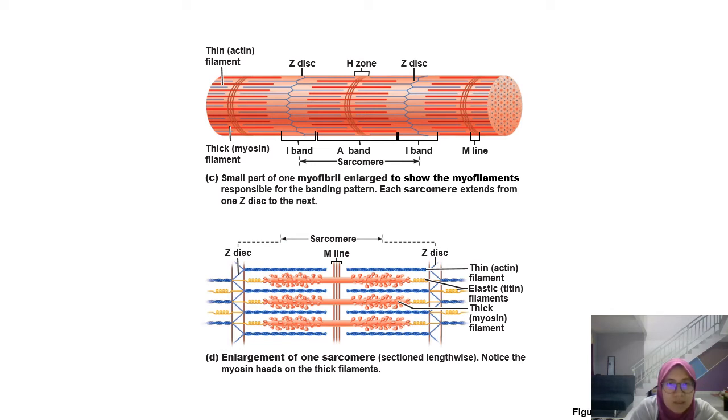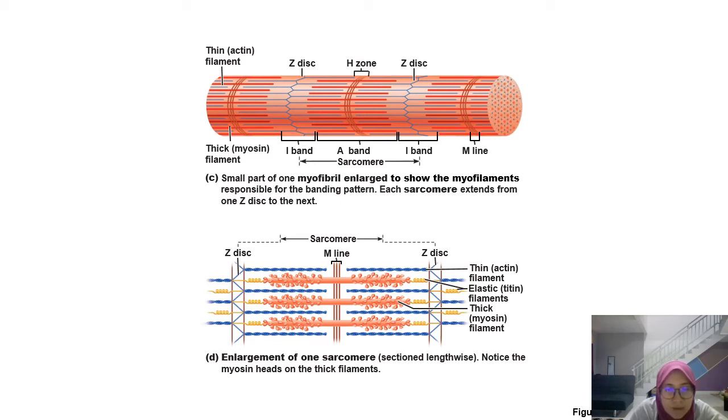We have the Z disc. Okay, so the I band is from the end of the red line here to another red line. This is the I band. Dia kawasan dia cerah sikit. And the dark A band here. The dark A band is composed of the red line and blue line. Okay, what is the red line and blue line? The red line is myosin.